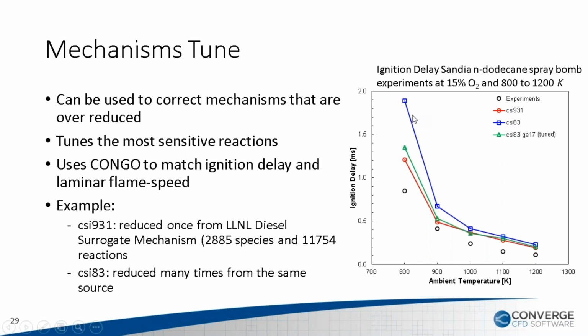But if you plot the result of ignition delay for the Sandia spray bomb, at those listed conditions, you can see the red is the baseline results, and the blue is the overly reduced mechanism CSI 83. So we ran it through the mechanism tuner, giving it the target of the original mechanism, and you can see the green curve, which is the performance of the tuned mechanism. It recovers some of the ignition delay times that are closer to the original baseline mechanism.